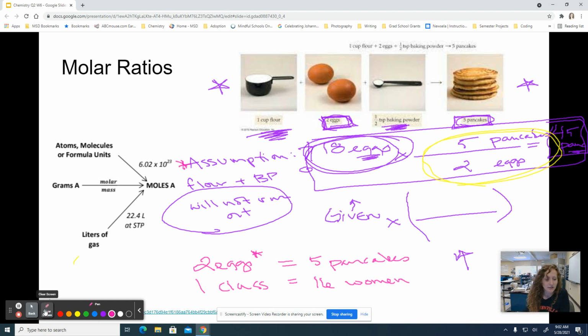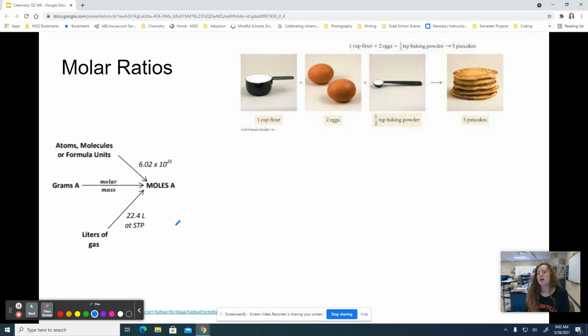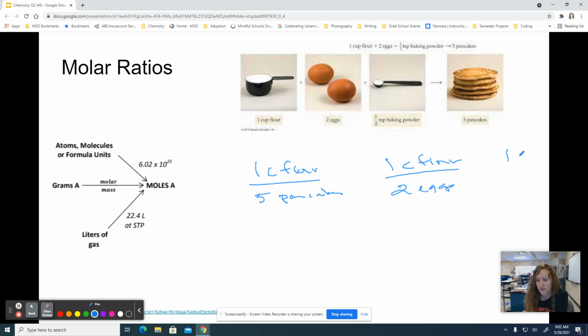So let's go back and look at this recipe a little more closely. What are some other conversion factors that I can write? Pause the video here and see how many conversion factors you can write. 1 cup of flour is equivalent to 5 pancakes. 1 cup of flour is equivalent to 2 eggs in this recipe. 1 cup of flour is equivalent to half a teaspoon of baking powder.